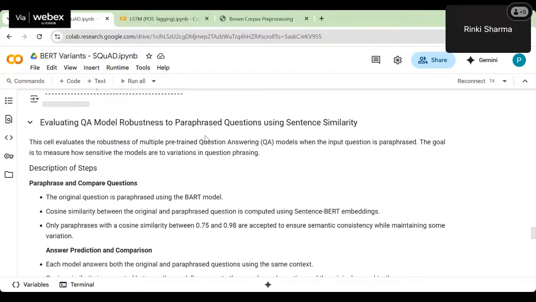So how does the model perform? In this part we have used a paraphrase pipeline, that is a text-to-text generation pipeline, with a BART-based paraphrase model to paraphrase our question.